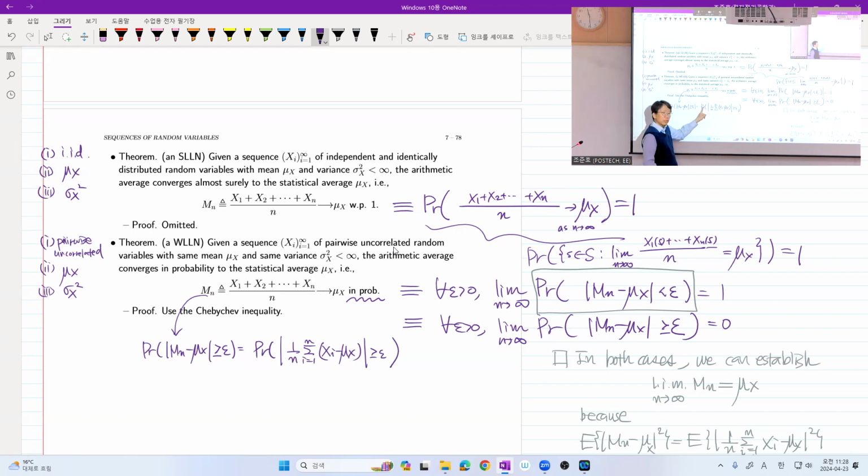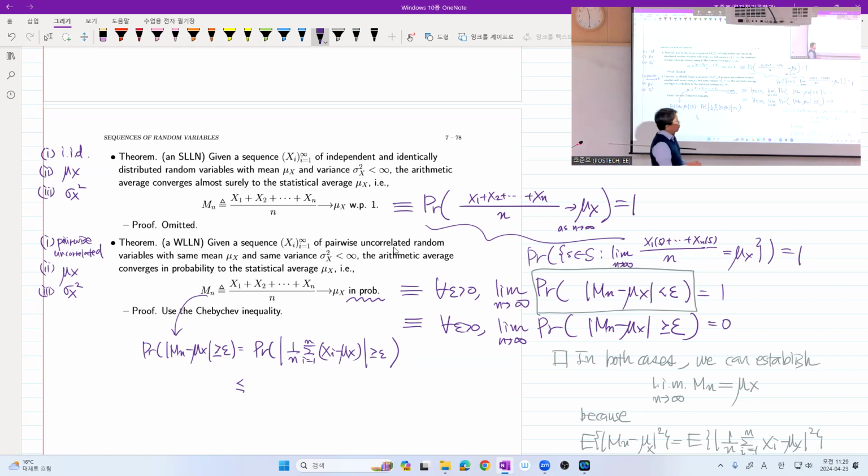This is the right tail probability of a random variable. And we've learned the Markov inequality, the Chebyshev inequality, and the Chernoff inequality to bound this probability. And let's use the Chebyshev inequality, which requires the existence of the second order moment. Here, we assume not only the existence of the first order, we assume the second order. So that's why we use not the Markov inequality, but the stronger version, the Chebyshev inequality.